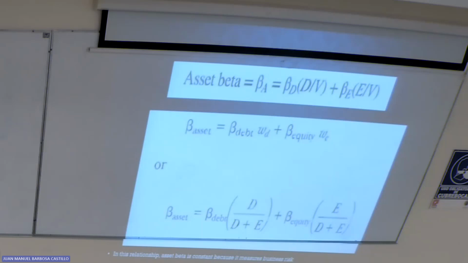Then the equality in the part of that board should be equal. I still don't get it. So the return on assets is what? The WACC or the IRR?